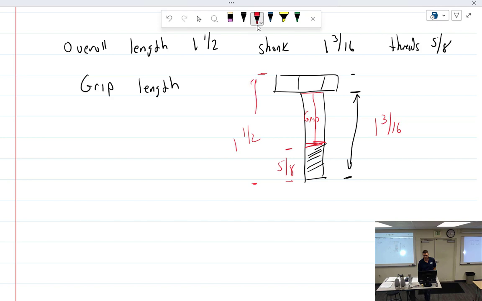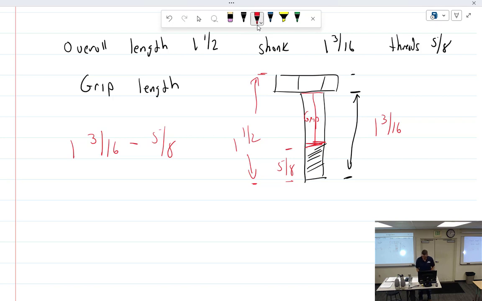Let's try it. This is the thing you're going to deal with when you deal with the FA questions. You're going to be left going, wait a minute, what are you asking me? So what would I do? I would take 1 3/16 and subtract 5/8, and see what that gave me. 9/16.